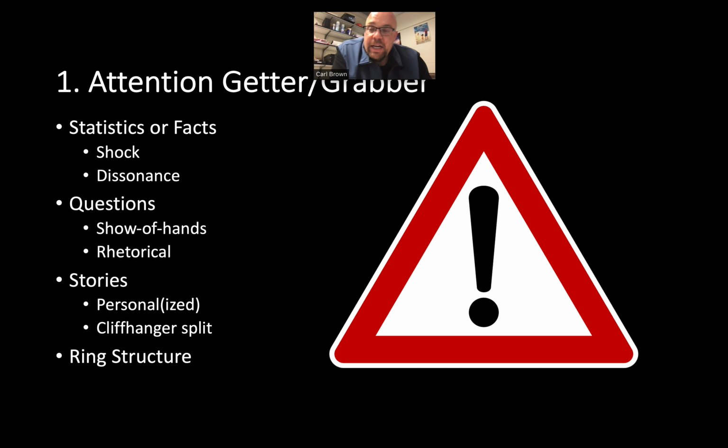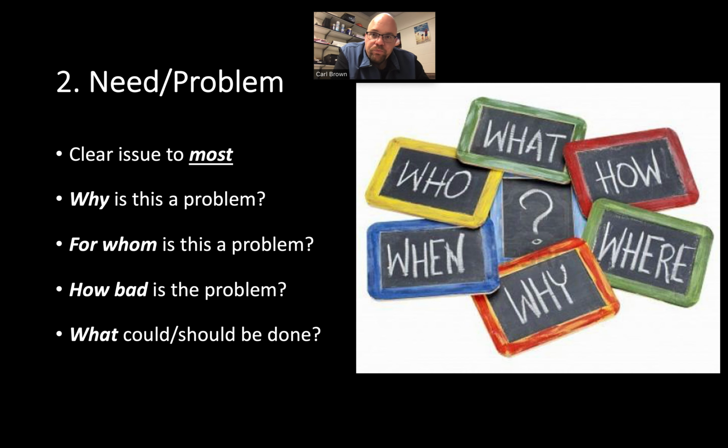So whatever you do, go back to it at the end, because that's going to make your ring structure. So if it is a statistic as an attention getter, at the closure, revisit that stat. And how should we think about it differently now that we have the information that you gave us?